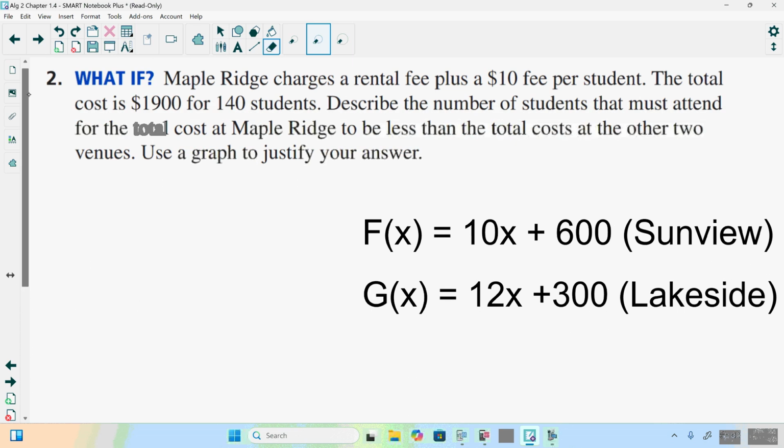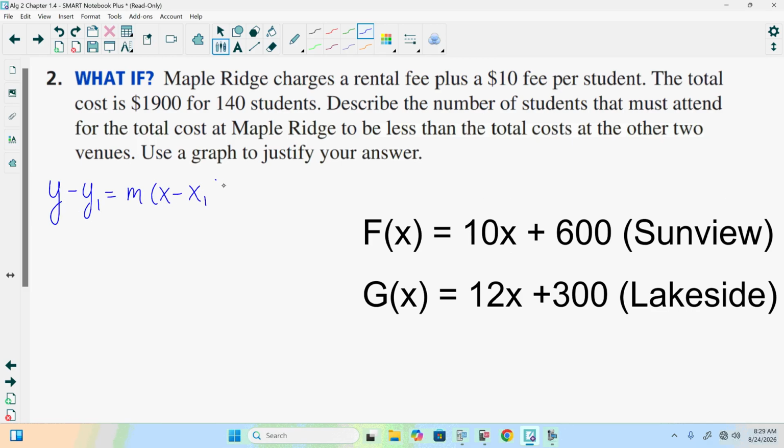Probably should have called them S of X and L of X, Sunview and Lakeside. Might be helpful for us to actually find the equation.